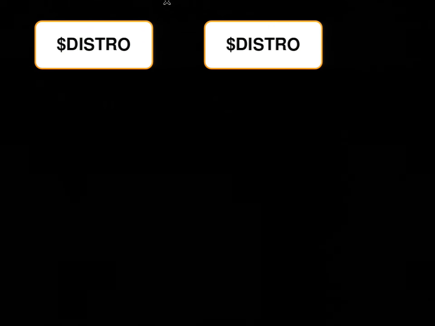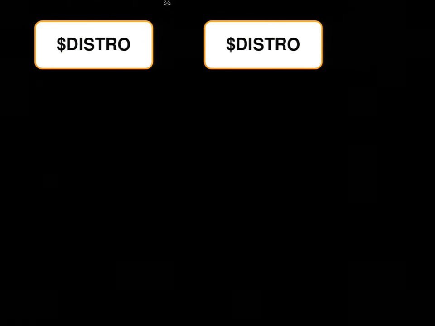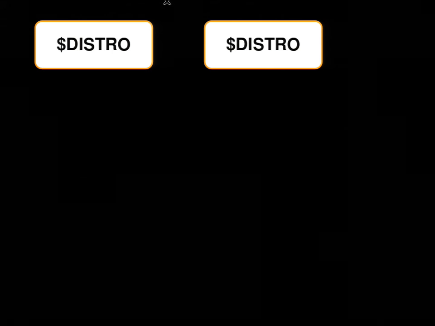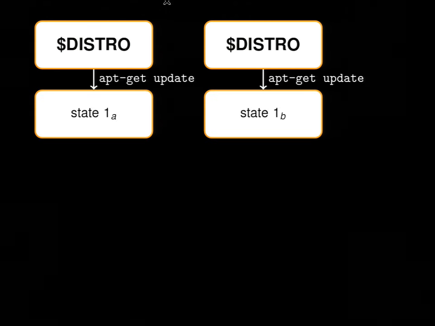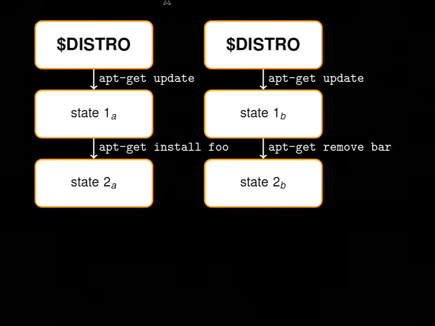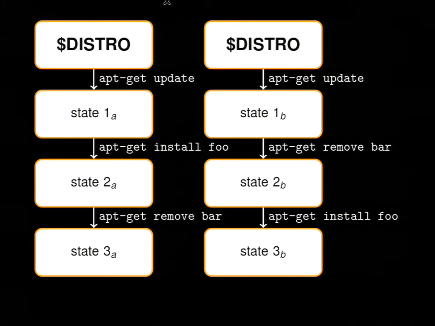The second point, but I'm really preaching to the choir here, is that imperative package managers make it hard to reason about the state of your system. So if you're using some traditional GNU Linux distribution, you're running a bunch of commands like apt-get update, you're installing packages, and you're trying to have two systems in the same state. Then you're removing a package on one side, installing another one on the same side.